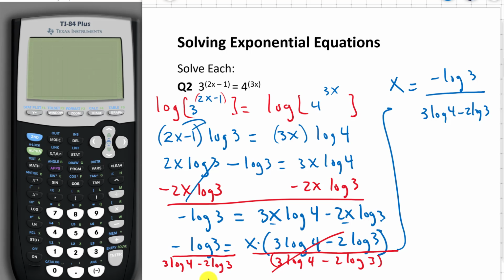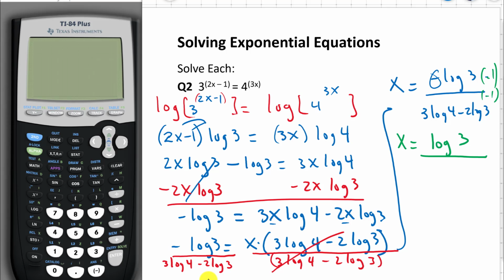Now, just as a little tip or advanced heads up here, if you're checking the answer in the back of the book, or if you're in the software and you're checking the answer and it's not exactly like that, it could have to do with the negative. So theoretically, I could multiply a negative on the top and the bottom, and that would give me an equivalent answer, positive log 3.